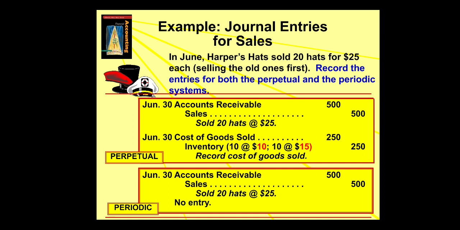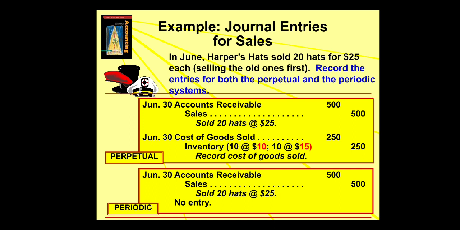Why $250? Because the business assumes that it sells the oldest inventory first. The oldest inventory related to this business is at the price of $10 per hat.